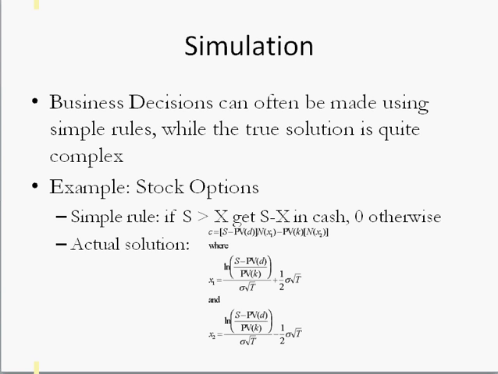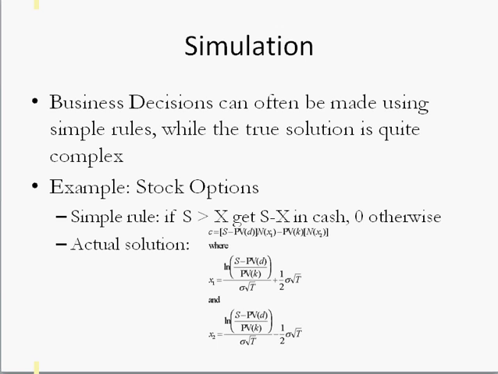For example, if you think about a stock option, the way stock options are structured is if you have a vanilla call option, you have the right to purchase the stock at a special price at expiration, which may or may not be valuable. So if you have the opportunity to buy the stock for $80 when it's selling for $60, that's worthless. But if you have the opportunity to buy it for $80 when it's selling for $100, that's worth $20.